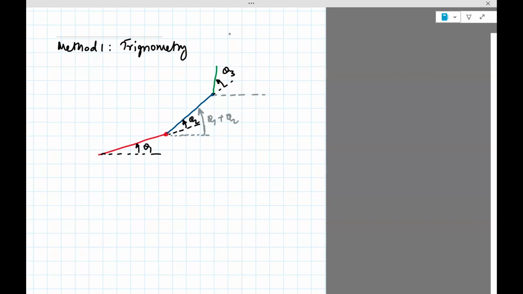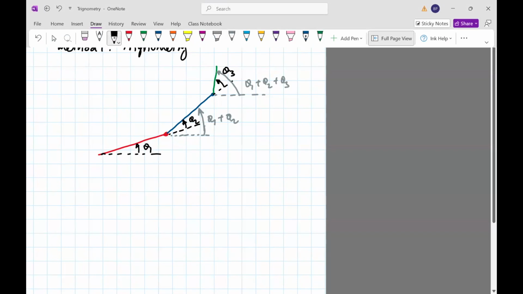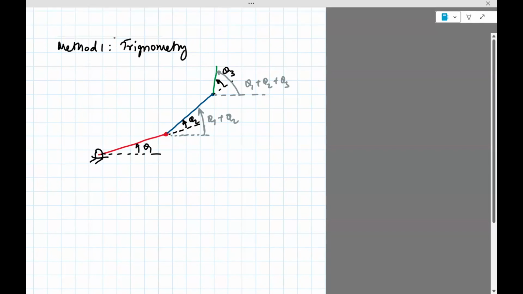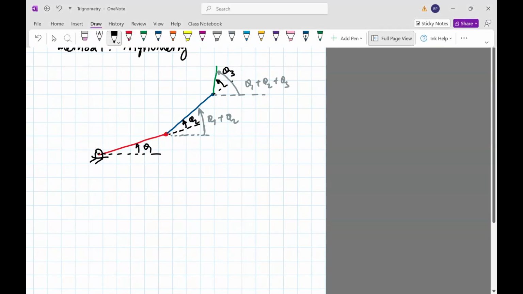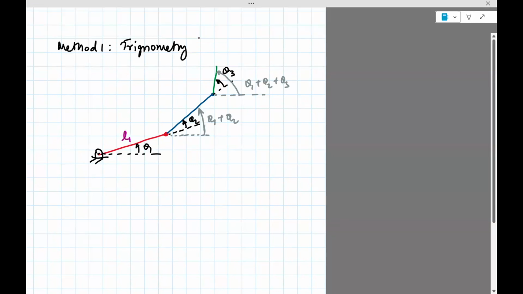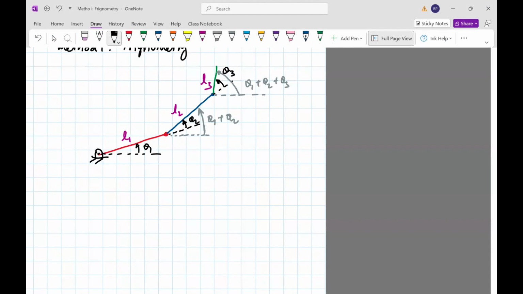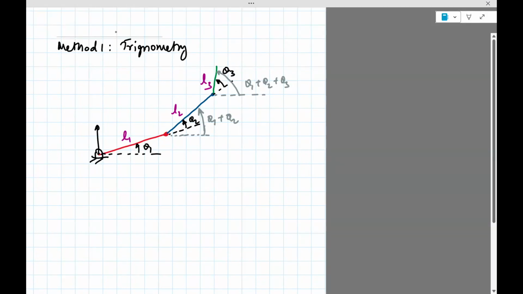And this angle is going to be just theta 1 plus theta 2 plus theta 3. Let's put down some distances. So let's say that this is L1, it's L2, it's L3. And then, of course, our coordinate axes are this.